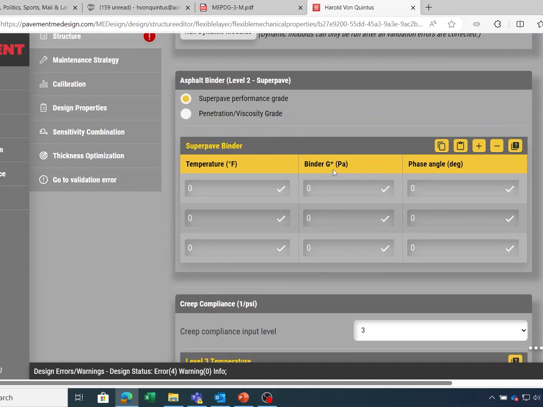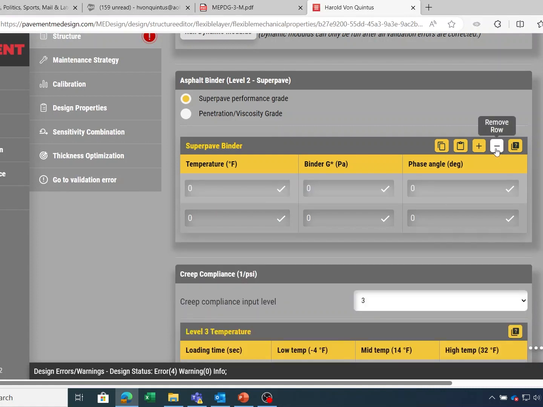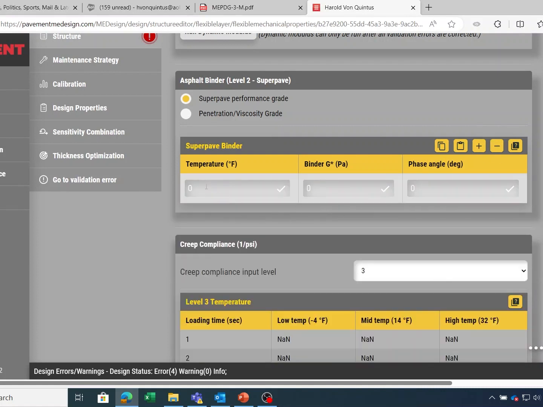The shear modulus from the dynamic shear rheometer and the phase angle of the binder at different temperatures are entered. The user can use one or multiple test temperatures of the binder for measuring the G-star from the dynamic shear rheometer in pascals, as well as the phase angle in degrees.